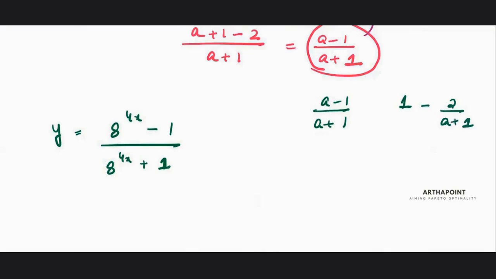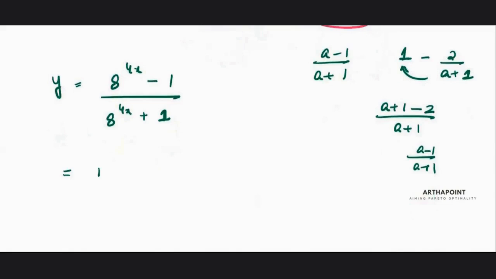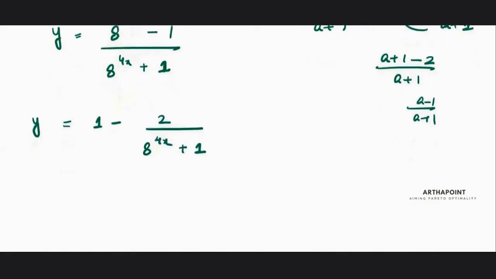Simple. You can solve this and check anytime. This is a plus 1 minus 2 upon a plus 1, which is a minus 1 upon a plus 1. So I'm going to rewrite this as 1 minus 2 upon 8^(4x) plus 1. This will be my y.